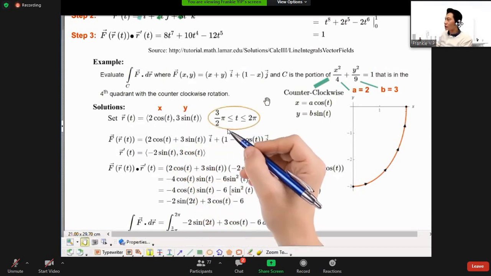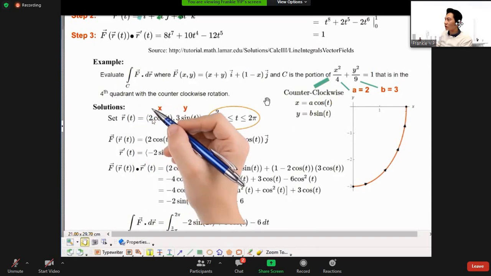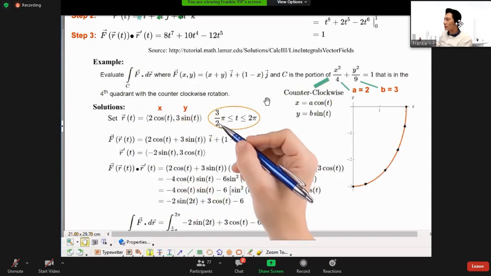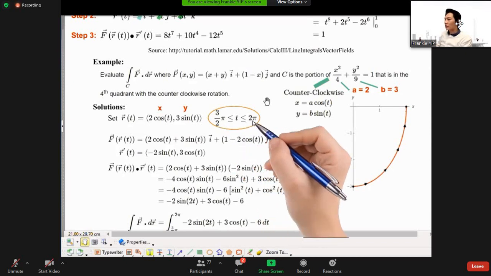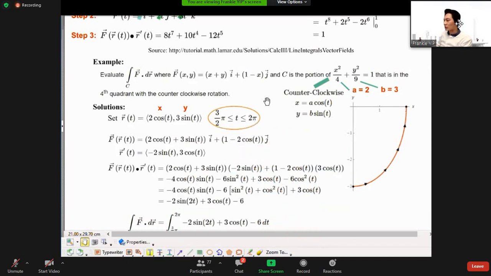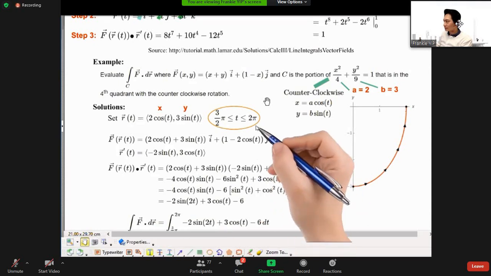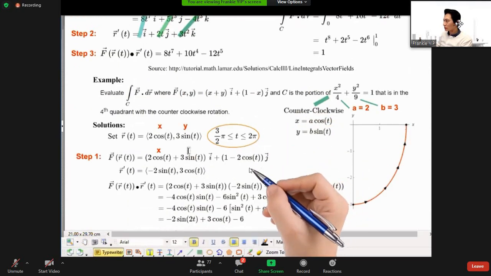And how about the range here? Because we are in the 4th quadrant, t should start from 3 pi over 2, that means 270 degrees, to 360 degrees, so it should be 2 pi. Got it? So this is step 1.